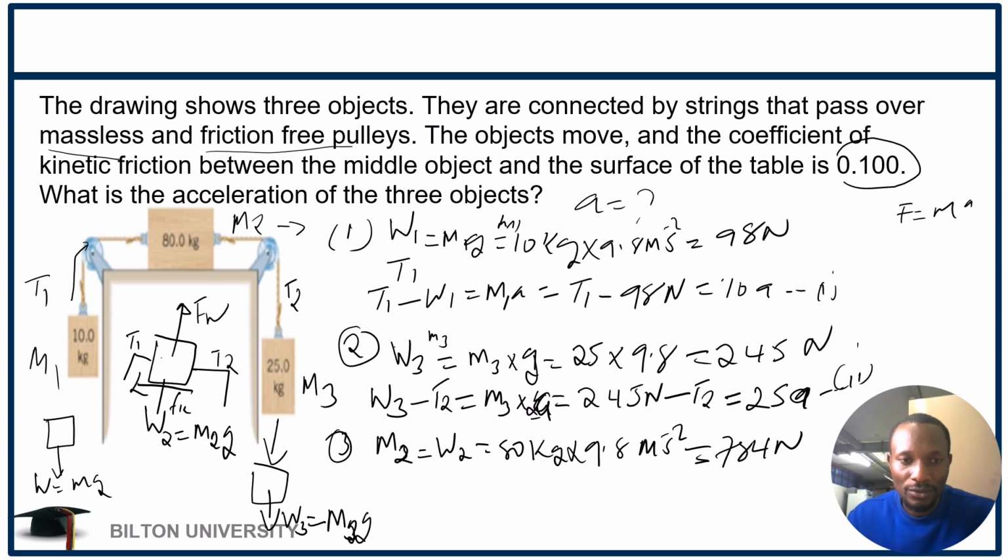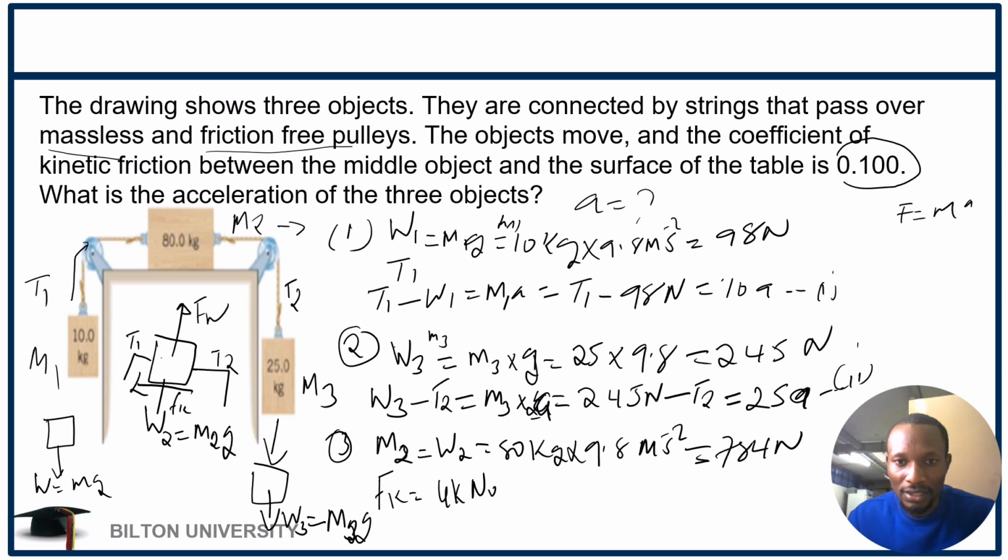Then we can proceed to the kinetic friction Fk acting on it, which is given by the coefficient of kinetic friction times the normal force.